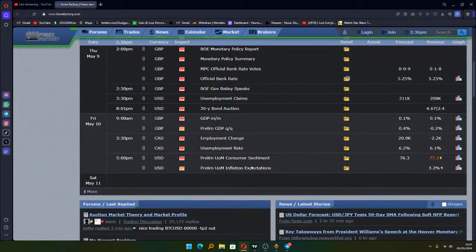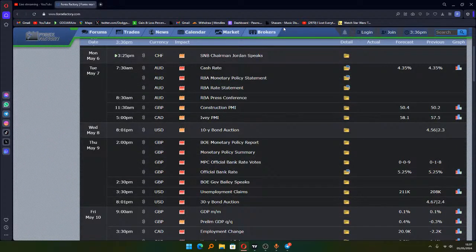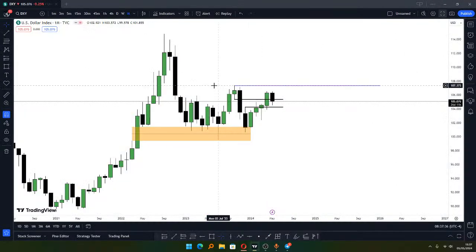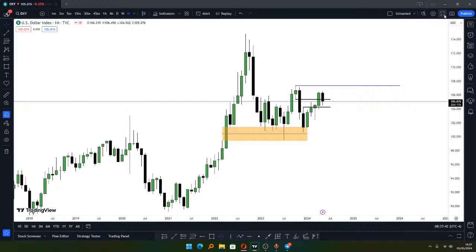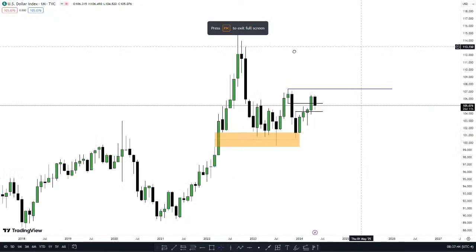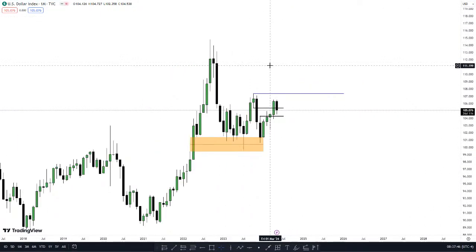Yeah. So let's check on the chart, what the chart is telling us. So this is the dollar index chart, monthly chart. Basically, we just had the non-farm payrolls come out on Friday.